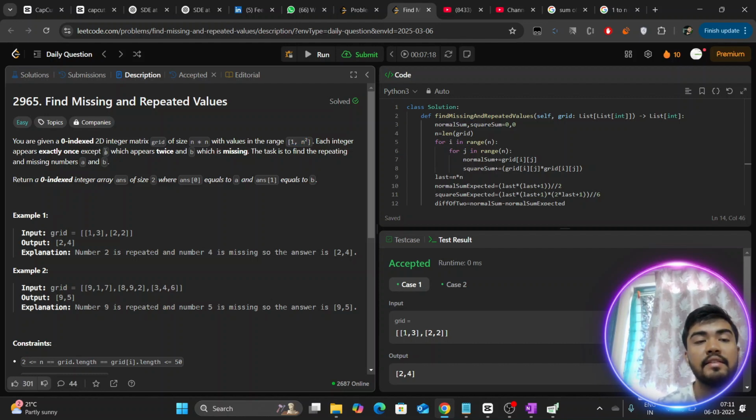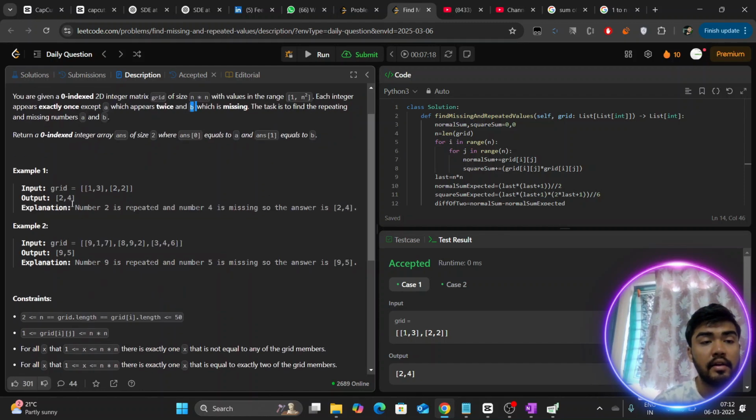Now our task is to find the repeating and the missing numbers a and b, and return an answer of size 2, so answer 0 equals a, the repeated number, and answer 1 equals b, the missing number.